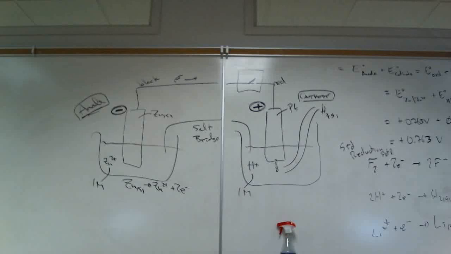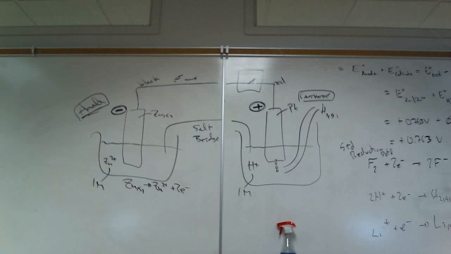And so we're going to use this jargon. Earlier we used this. Fluorine we called the strongest OA. OA stands for oxidizing agent, and lithium ion was the weakest OA. Now using Chem 1B, that would be more of Chem 1A.